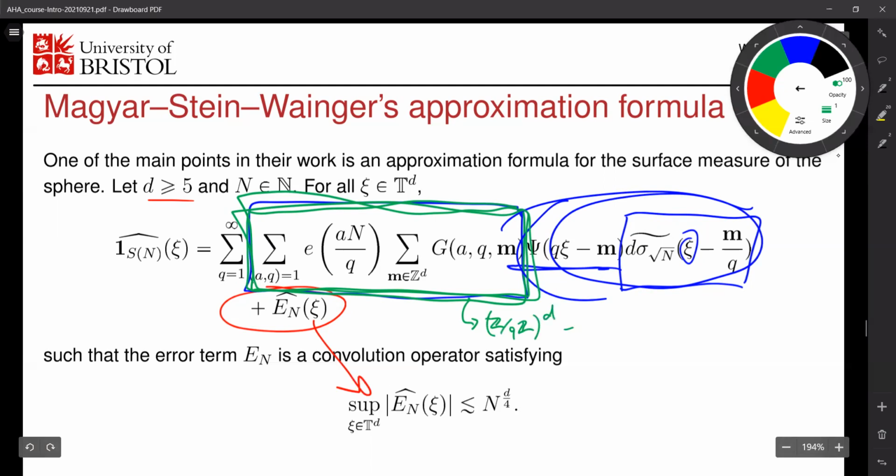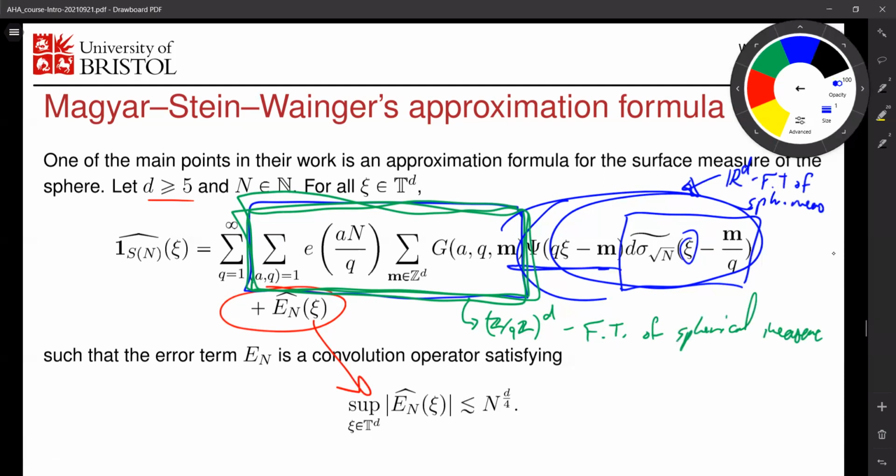The Fourier transform of the Z mod Q spherical measure. So this is the real one, whereas the green one is the Z mod Q one.